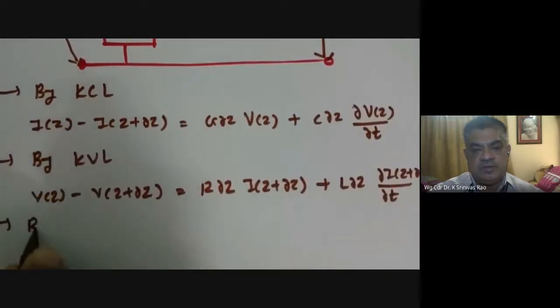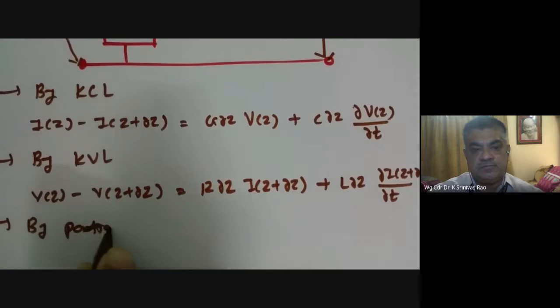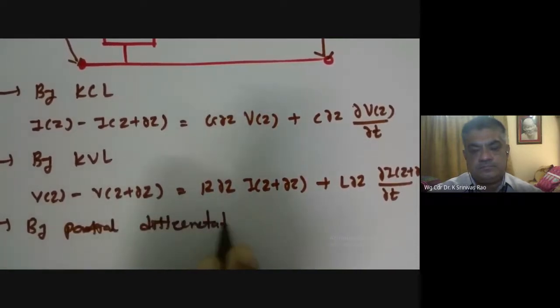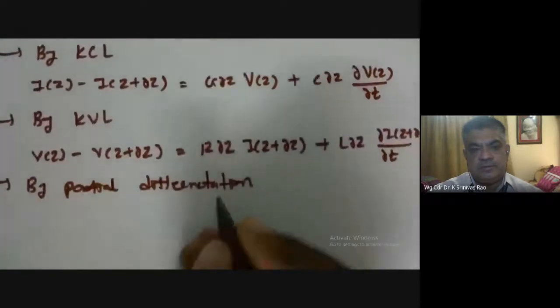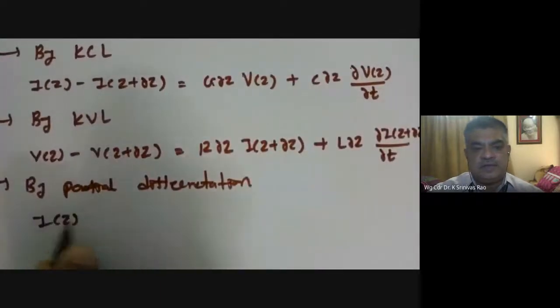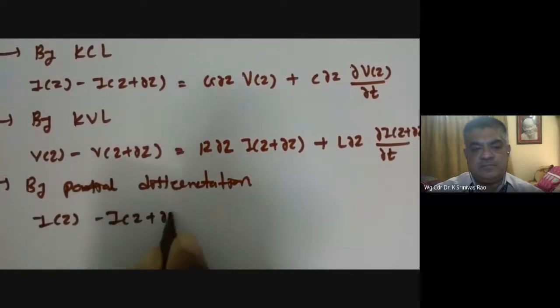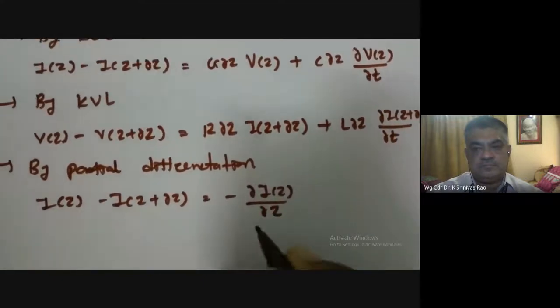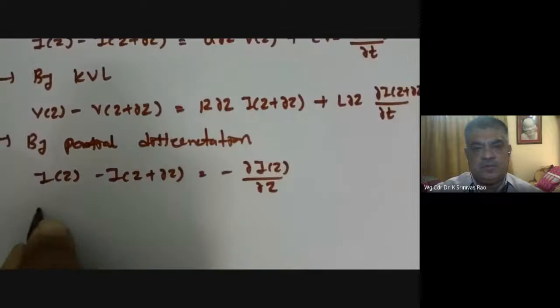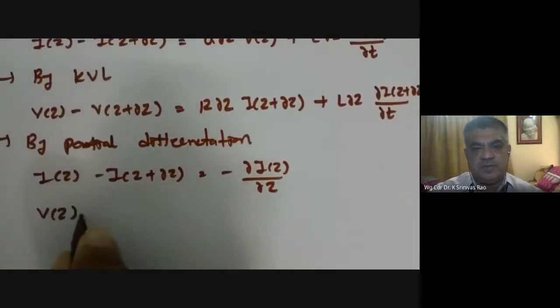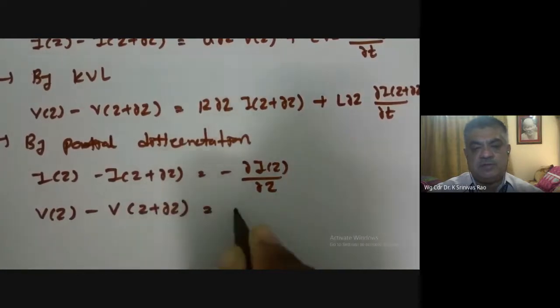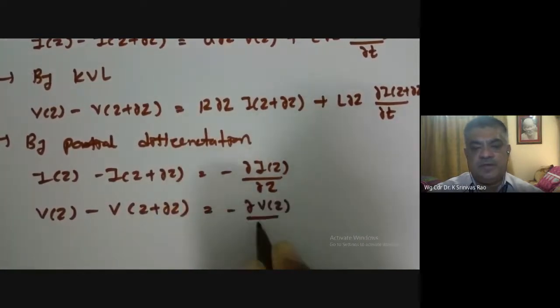When we do that, we can write I(z) minus I(z + Δz) equal to minus ∂I(z)/∂z. Similarly, for the voltage equation, by partial differentiation, V(z) minus V(z + Δz) is equal to minus ∂V(z)/∂z.